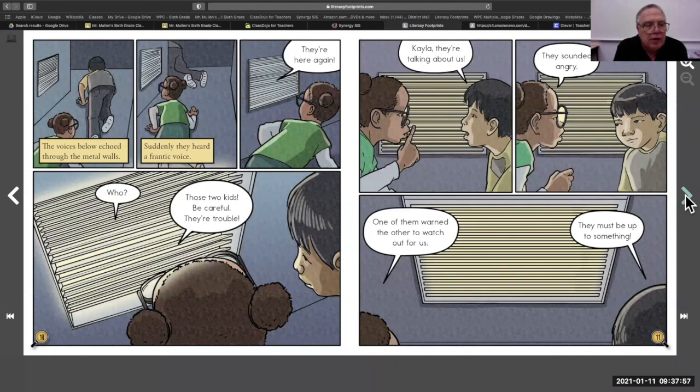Suddenly, they heard a frantic voice. "They're here again." "Who?" "Those 2 kids. Be careful. They're trouble." "Kayla, they're talking about us." They sounded angry. One of them warned the other to watch out for us. They must be up to something.